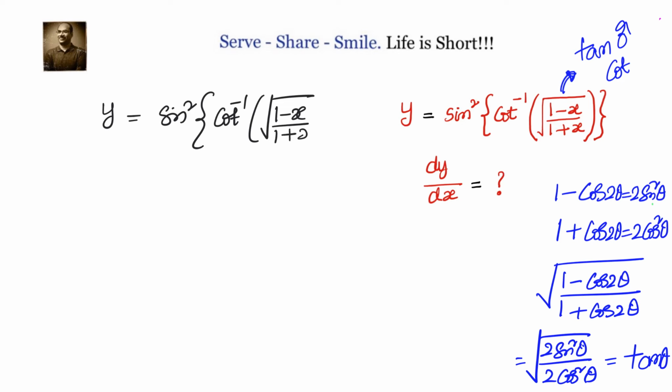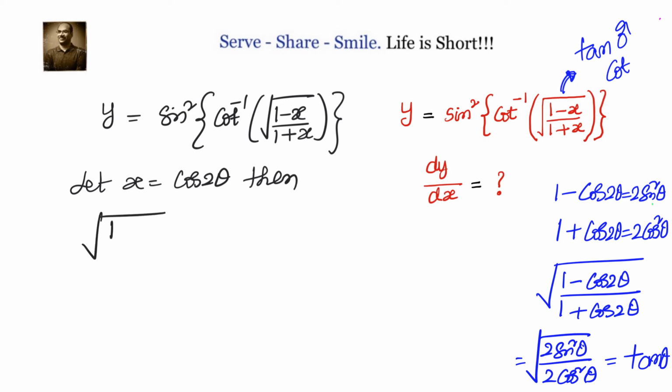So first let us see what happens if x equals cos 2 theta. Let x equals cos 2 theta. Now square root of 1 minus x divided by square root of 1 plus x equals tan theta. We checked that already, which equals cot of pi by 2 minus theta.